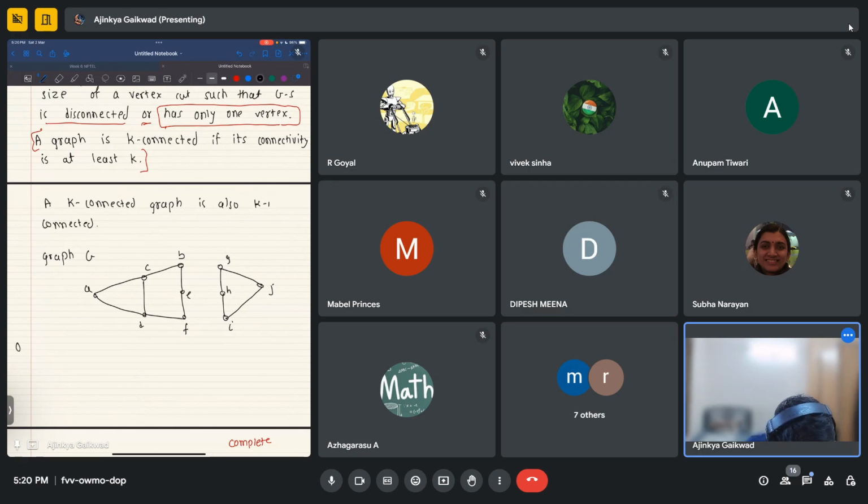So question, is the above graph 1 connected?